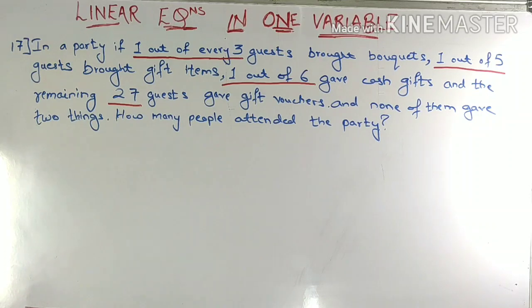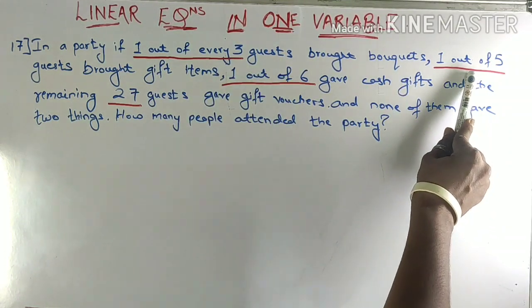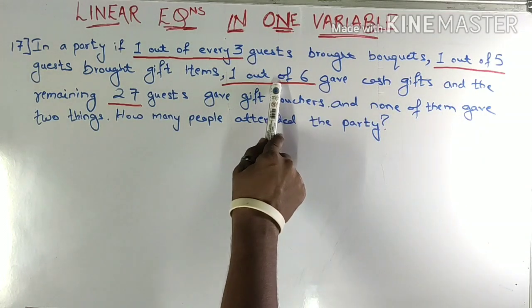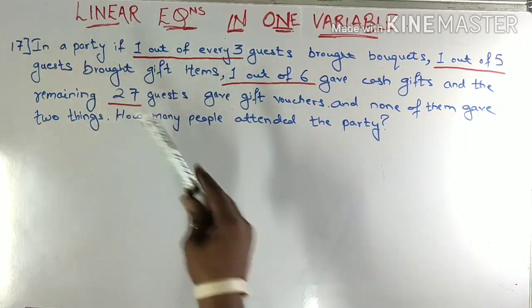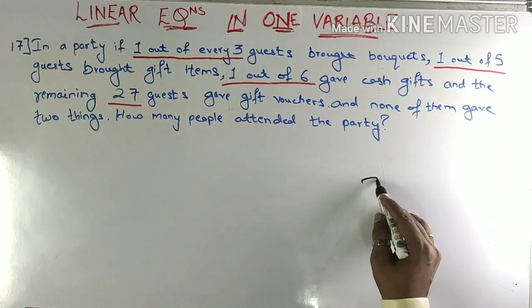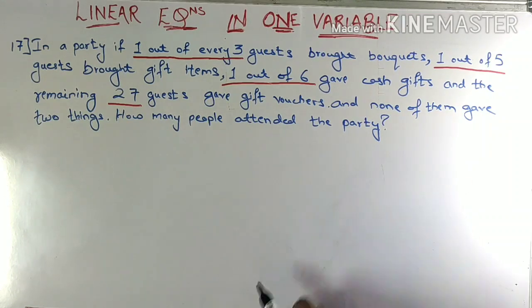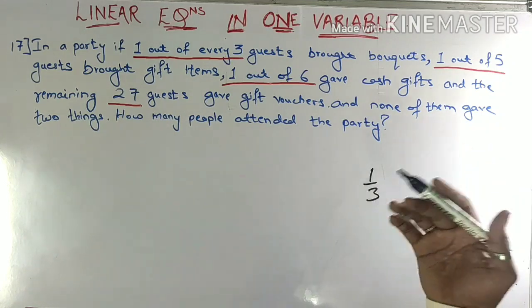So let us try and figure it out. What is given in the question? 1 out of every 3 guests, 1 out of every 5 guests, 1 out of every 6, and the remaining 27. How do I interpret this mathematically? Remember, if such a question is given, 1 out of something, 1 out of something, what should click is: 1 out of 3 guests of what?